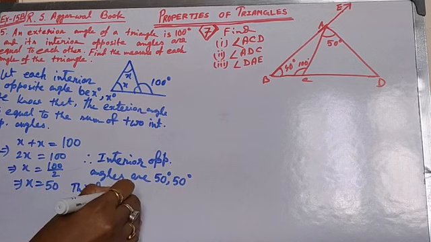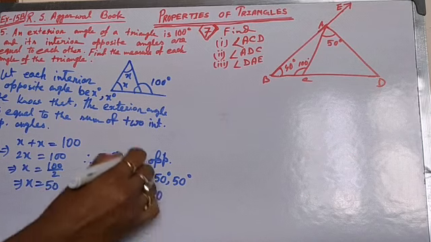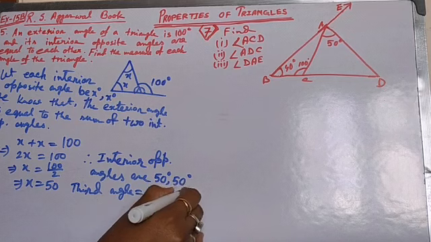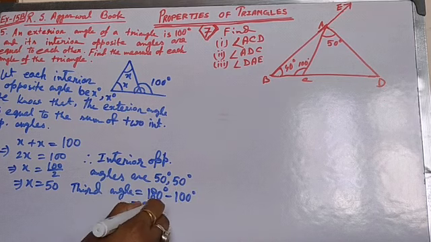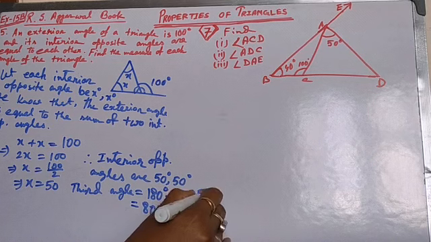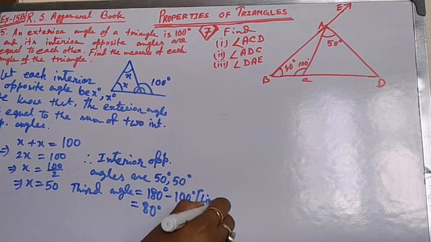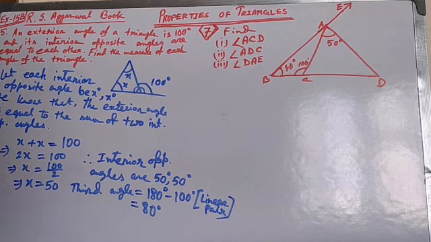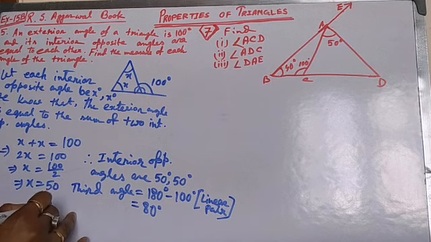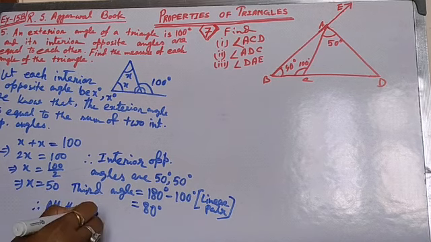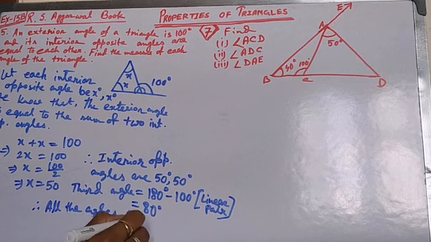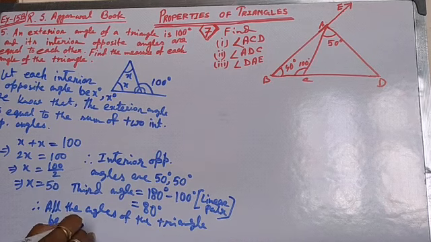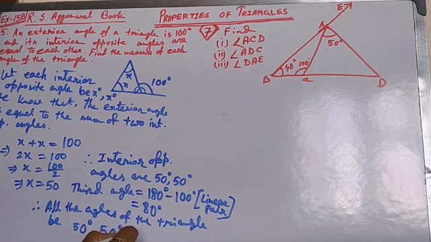Third angle equals 180 minus 100 degree, because this is a linear pair, that means 80 degree. Reason: linear pair. Therefore all the angles of the triangle are 50 degree, 50 degree, 80 degree.